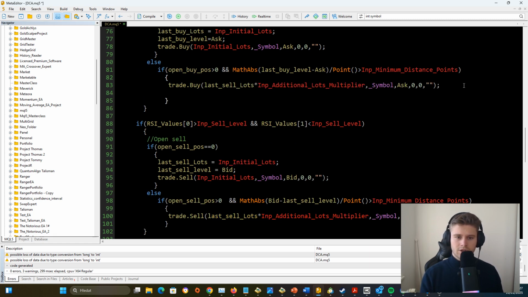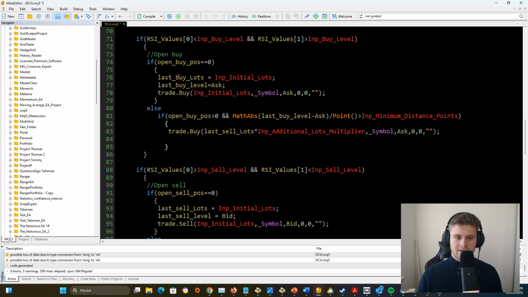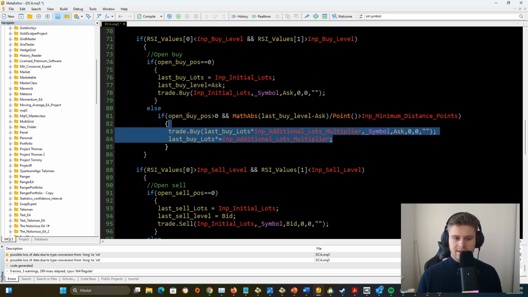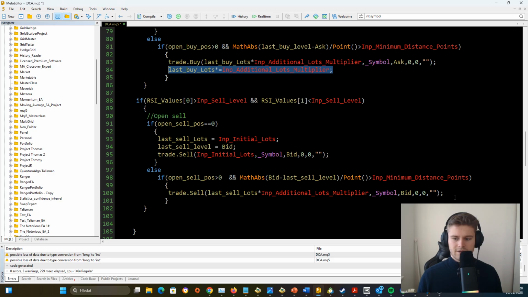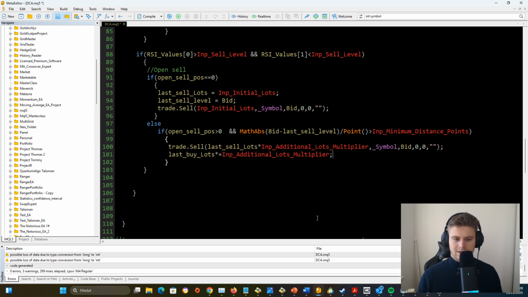Here will be last buy lots, and here I just have to do last buy lots times equals this thing right here, the same thing right here. Last sell lots, yeah, very, very simple.